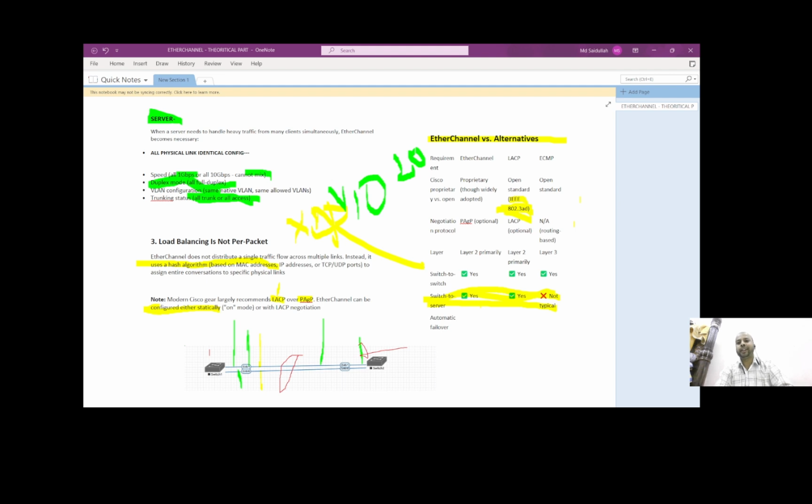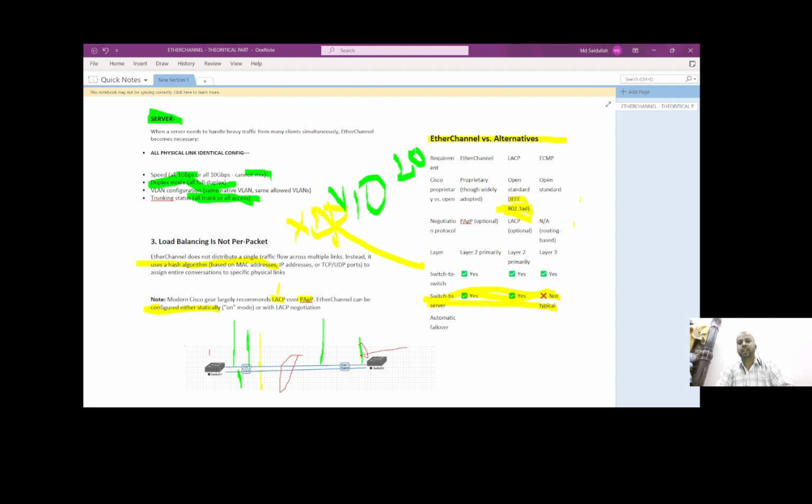Okay, what will be the alternative to EtherChannel? In layer 3 it is ECMP and in layer 2 it is LACP. There are two types: PAgP and LACP. PAgP is Cisco proprietary and LACP is the open standard.